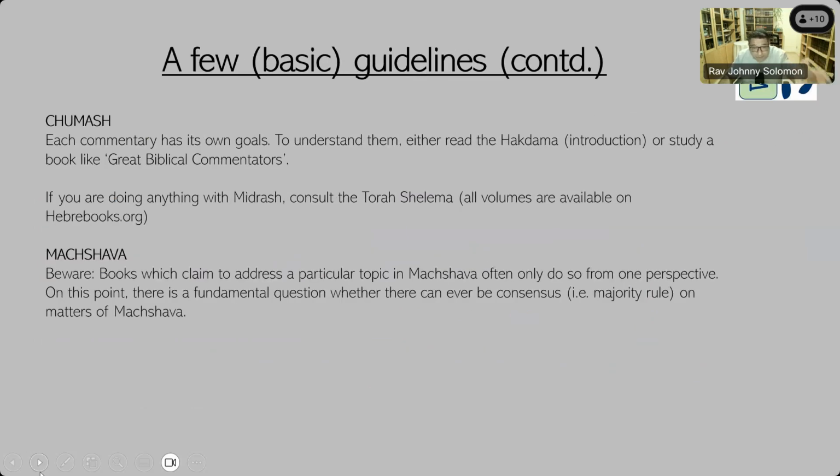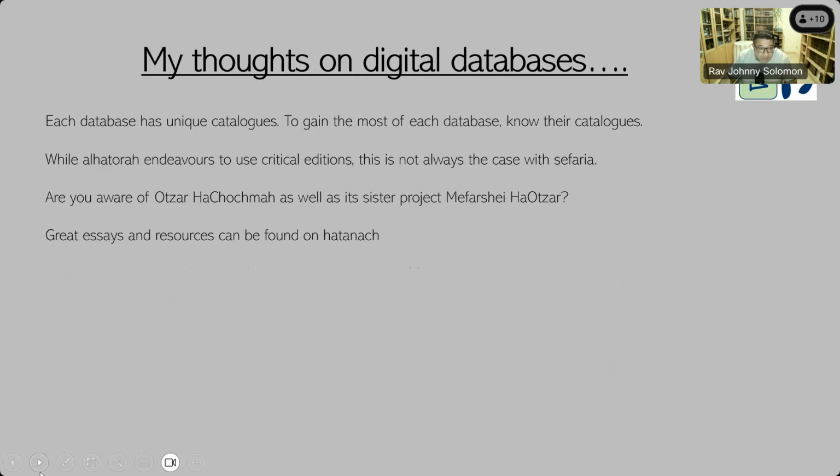And I've just given you a short list. I'm quite sure I could make it longer. And finally, whichever database you use, everyone has pros, everyone has cons. But in particular, know their catalogs, know what they bring to the table, and maximize them to benefit.